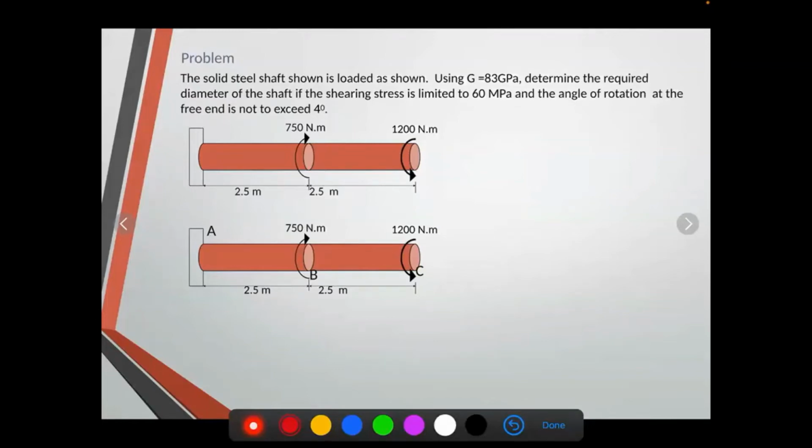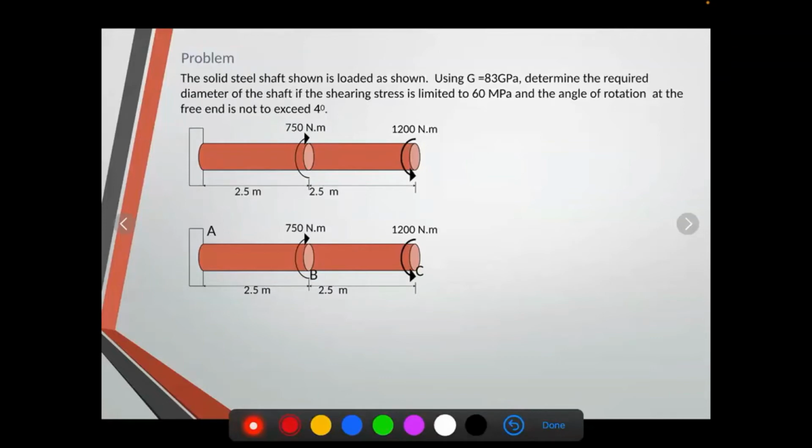So we have a reaction or yung support reaction natin is there to avoid movement. No, yun yung purpose ng support, yung hinge, roller, fixed support. Ang purpose nila is to avoid movement because we want our object to be in equilibrium. Ibig sabihin, if we add all of them, no, summation of forces X, summation of forces Y, summation of moments about any point, everything should be equal to 0.